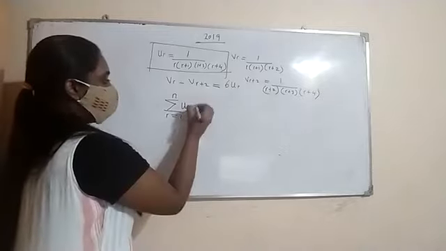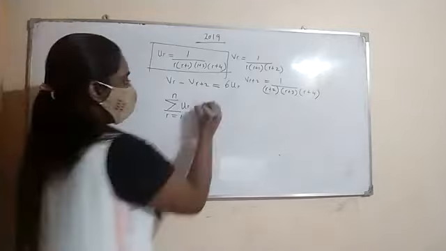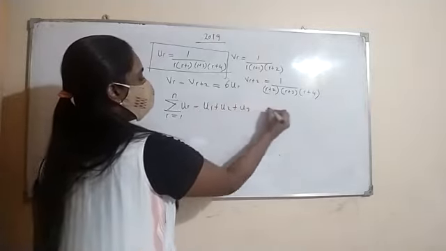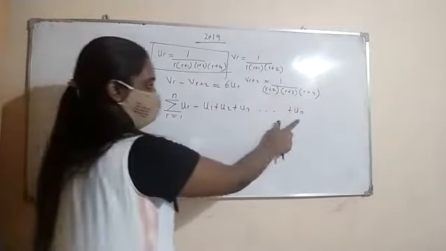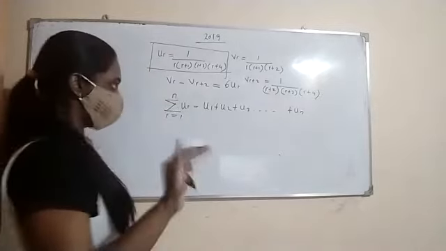What is the meaning of this? Normally we know sigma R running from 1 to n UR means U1 plus U2 plus U3 up to UN. So if I add all these terms from 1 to n, I can write it in this notation. Sigma means summation.